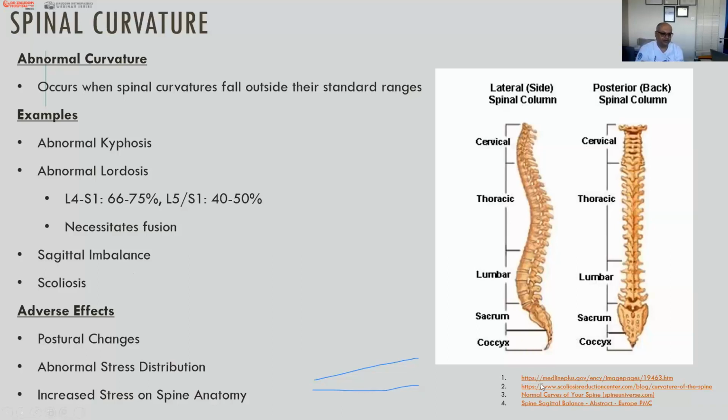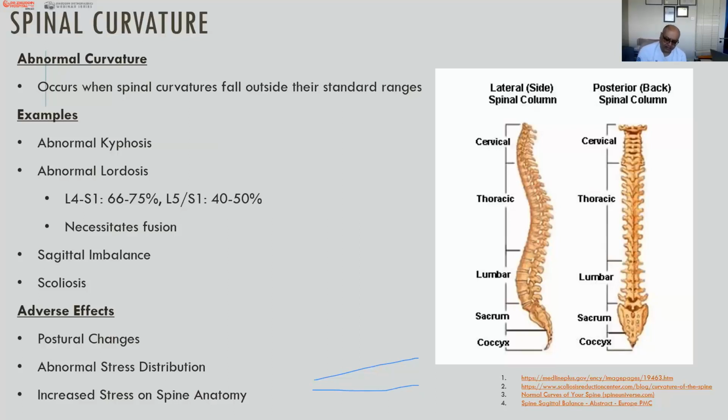When you are doing fusions at the L4-5, L5-S1 level, you should calculate the lumbar lordosis of this patient, and that can be worked out from the sagittal alignment equation.